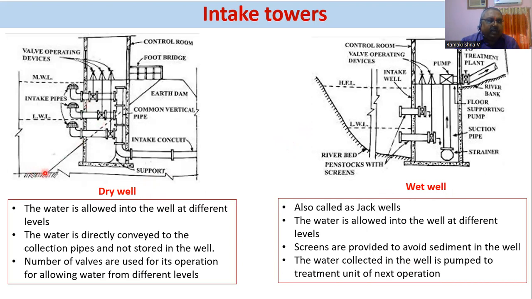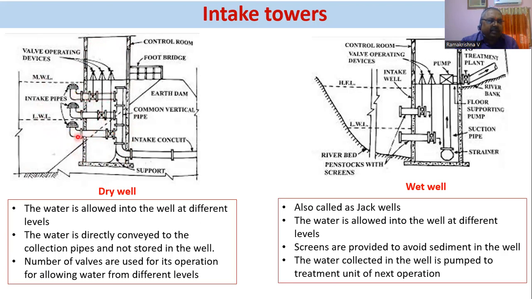Now you can see here, this is the river bed, the water body that I'm taking as a river here for simple discussion. This is the bed of the river, and this is the maximum water level and lower water level. So we are constructing a structure here, and we are keeping three different inlets.